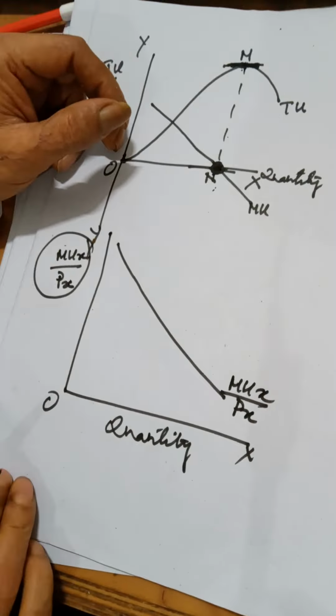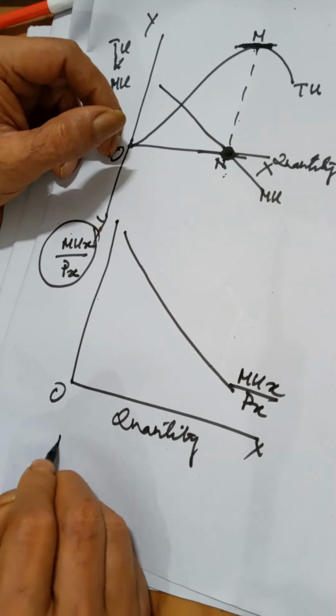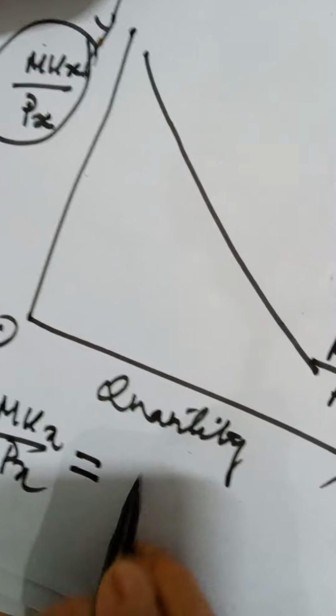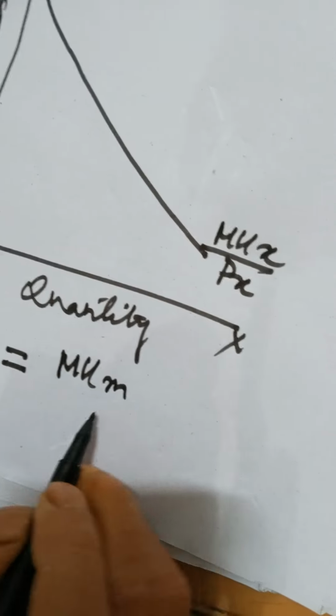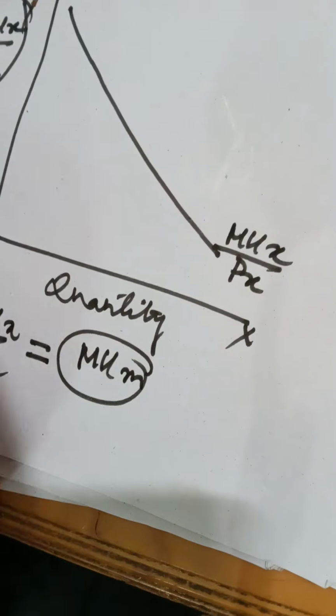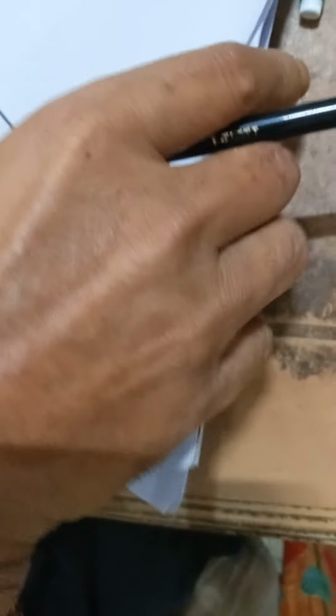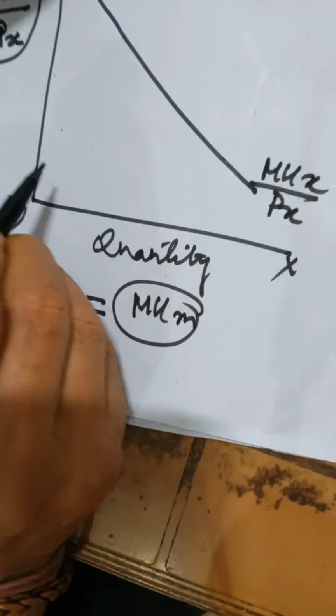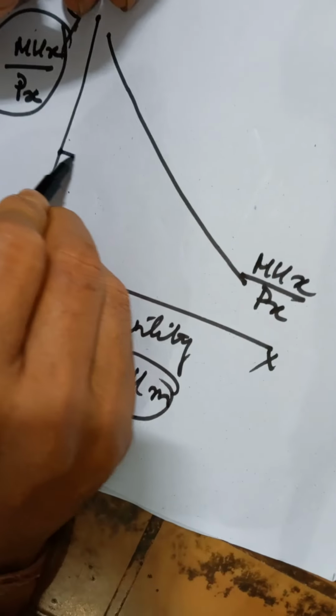Now, according to Marshall, MUx by Px must be equal to MUM, that is marginal utility of money. And marginal utility of money has been assumed to remain constant. Suppose this is marginal utility of money.